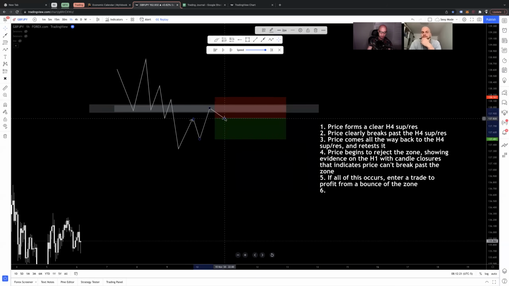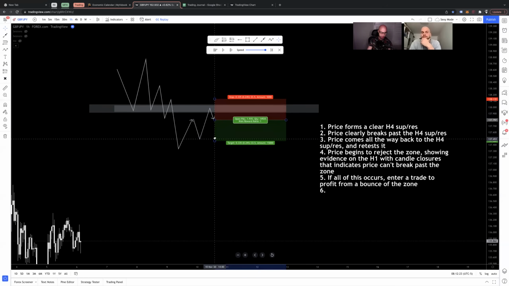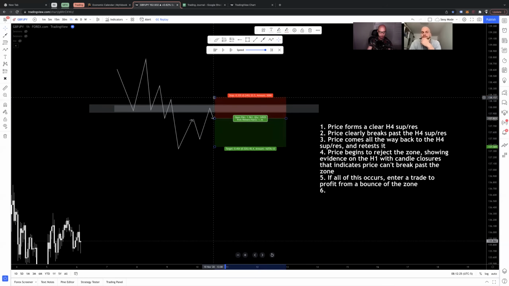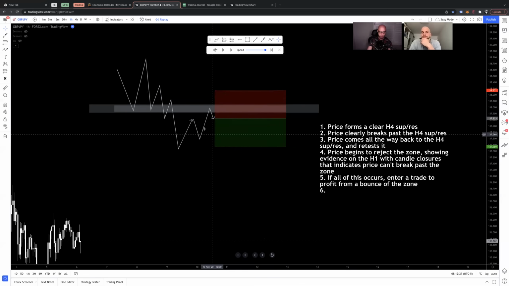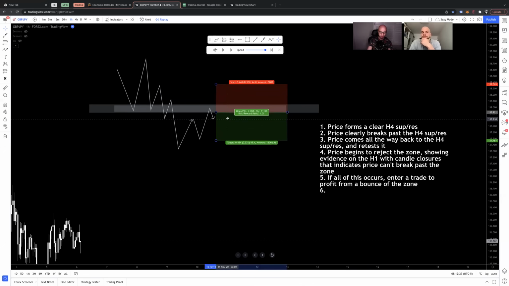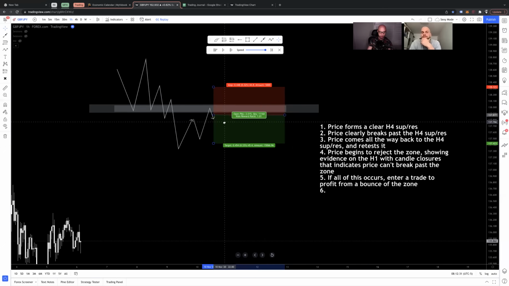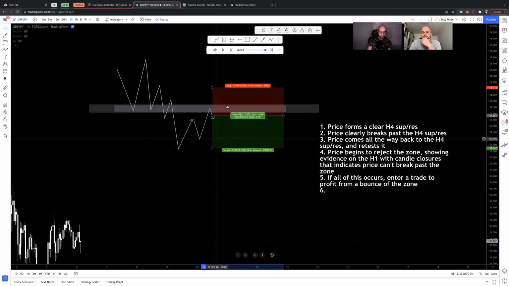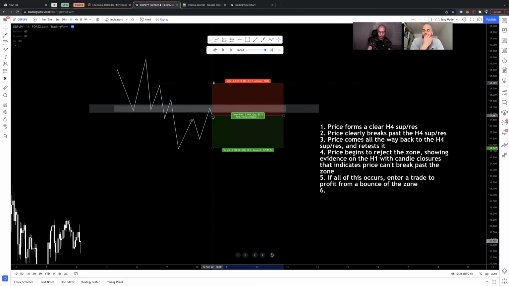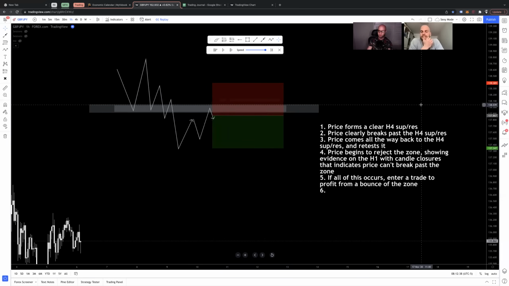So if your entry is a little bit down here, your target is at the previous low and your stop is up here, you don't have to worry about whether your entry is here or whether it's up here or wherever it is. You don't have to worry too much about your exact entry.